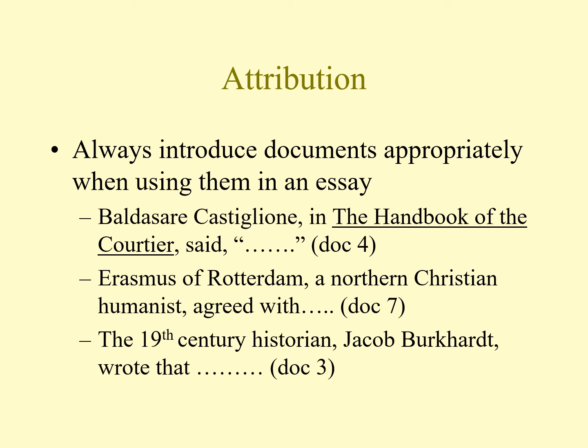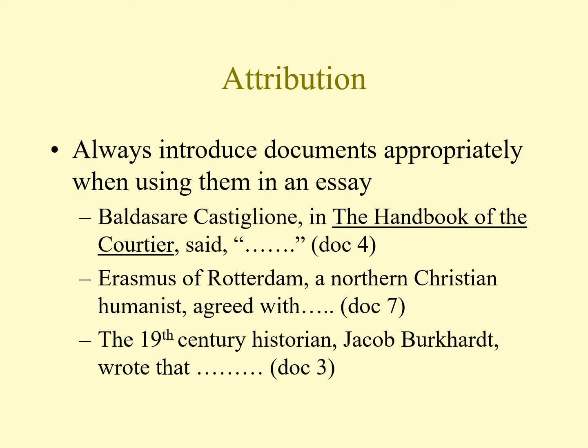Attribution. Always introduce your documents in your essay appropriately when using them. Like Baldassare Castiglione in the Handbook of the Courtier said, but you should not put it in quotes. You should just put it in your own words and say what he said in a brief sentence. And then you should always put document 4 or doc 4 in parentheses after it so the reader knows which document you're referring to.